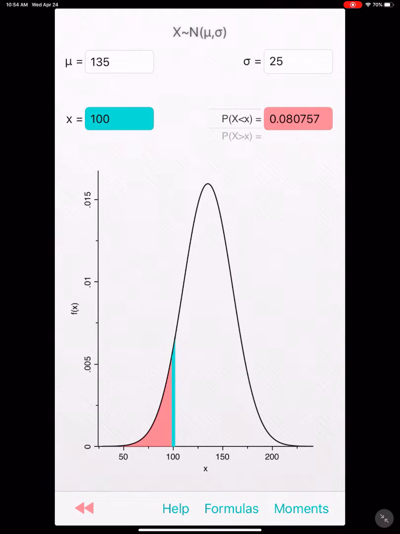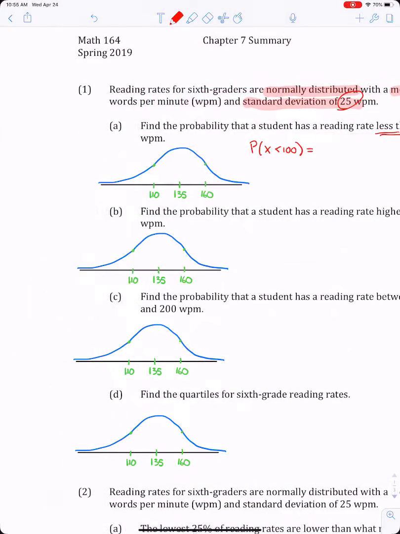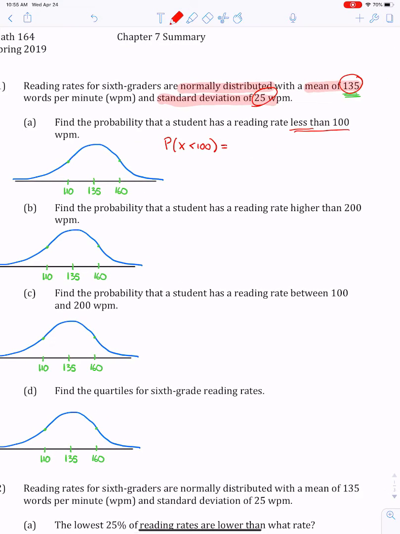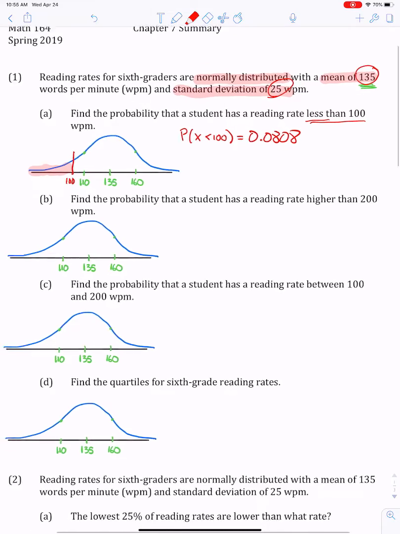It tells us that the area that's shaded pink is 0.08075, so I'm going to call it 0.0808. So that would be equal to 0.0808. There's 100, and we found this piece right there, the area on the left.